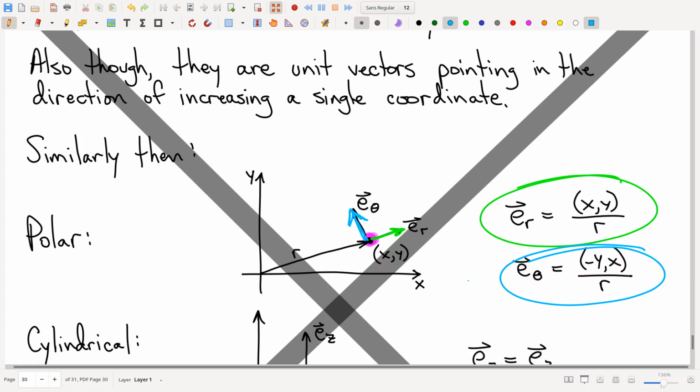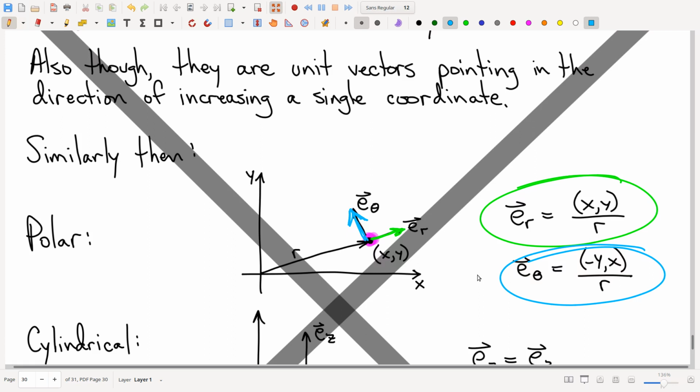They don't play nice linear combination games with coordinates and coefficients. They just don't work very well for that. Even worse, notice they aren't even constant. The e sub r vector is a different vector if you're there versus if you're here.